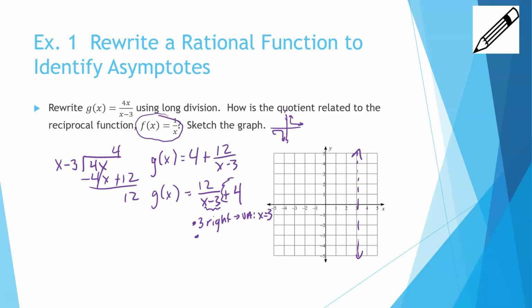The next thing I see is this plus 4 on the right-hand side. The plus 4 would move the graph up 4. We talked in our video yesterday about how that affects the horizontal asymptote. So that would move my horizontal asymptote up to y equals 4. Last but not least, as a separate problem, we talked about how the number on top could affect the 1 over x graph.